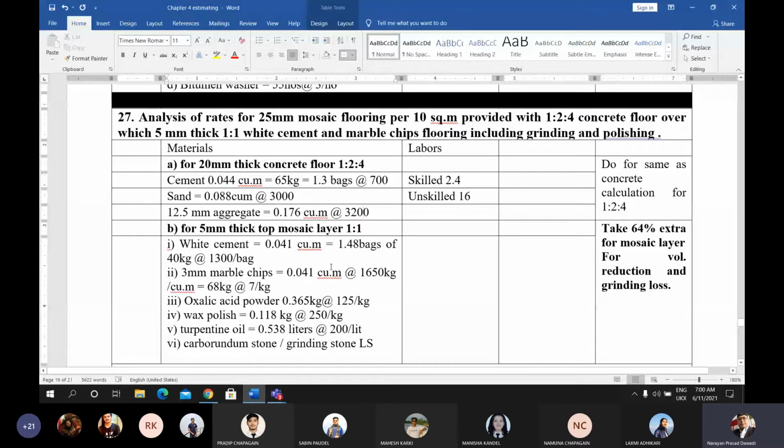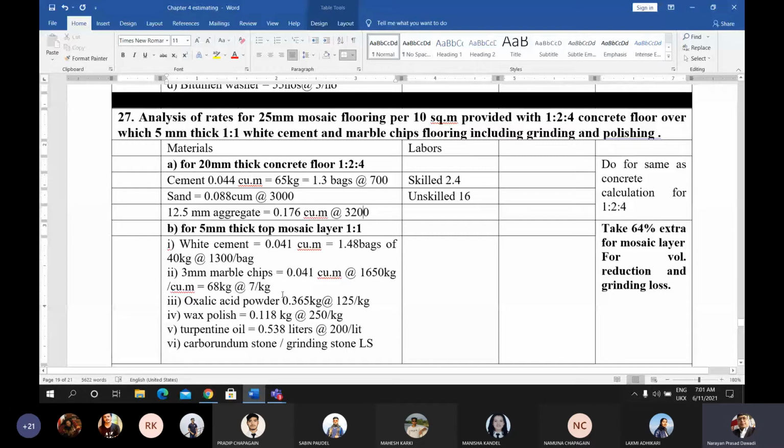So both of them have the same cubic meter here, and that is available at the market. The density of the marble chips is 1650 kg per cubic meter. With the help of this, you can find the weight of the marble chips that is available even in sacks. This can be sold on the basis of the weight of the marble chips at rupees 7 per kg.